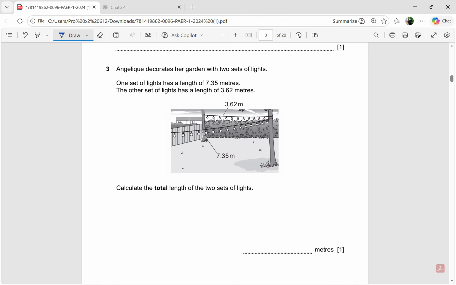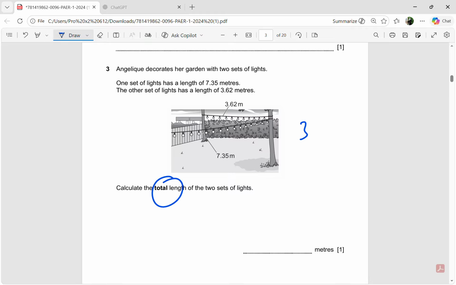Angelique decorates her garden with 2 sets of light. One set of light is 7.35 meters and another one is 3.62 meters. Calculate the total length of the 2 sets. So we are finding the total.